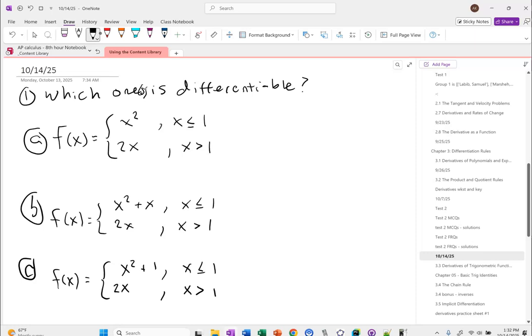The only thing I have to worry about is where they join together. Everybody good with that? So for differentiability, all I'm going to be checking is at x equals 1. Everybody's good with why I'm doing it? Now, what are the 4 different ways that a derivative can fail to exist?